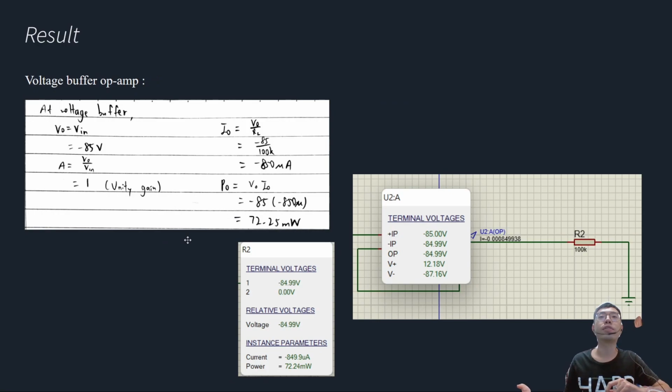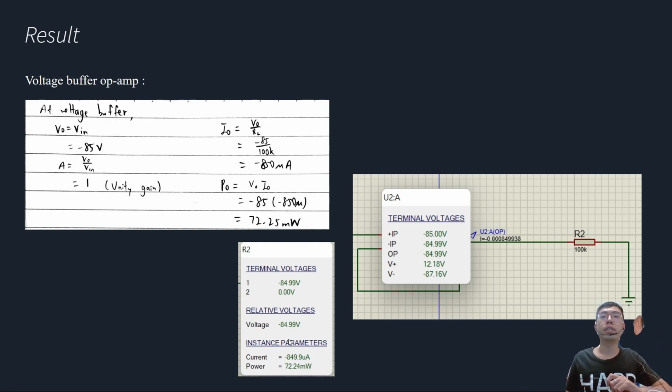And lastly, the output voltage buffer op amp has a unity gain of 1, producing a negative 85 watt output, which is the same as the voltage previously input, with an output current of negative 850 microampere and 72.25 milliwatt output power.